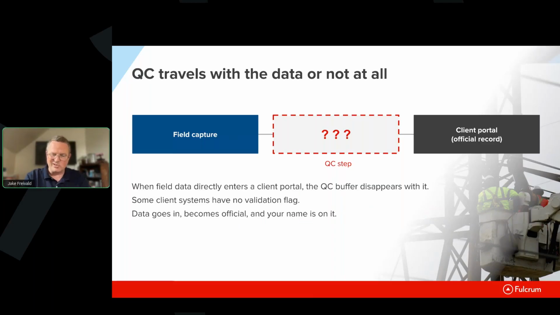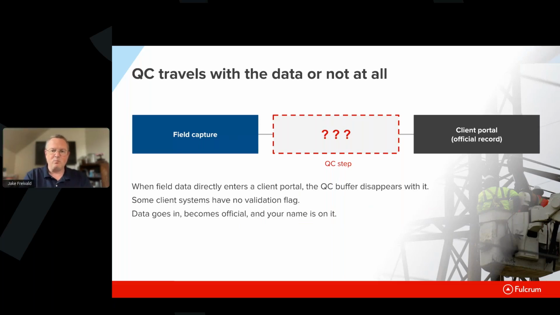So when somebody enters the data in, it's there, it's authoritative, your name is on it, and yet you haven't been able to do a proper QA of it from behind the scenes. You haven't had the more experienced people able to check the contractors you're using in order to capture the data, that sort of thing. So the data quality can be much worse than it would be otherwise, simply because you don't have that quality control step.